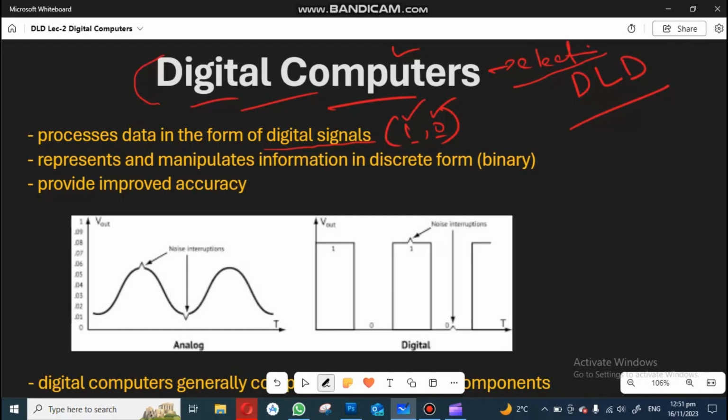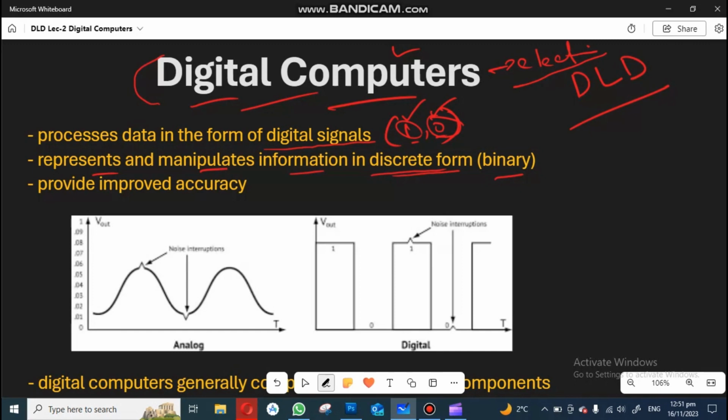So simply these data are also made up of these things, and the signals are also made up of these things. Another property of digital computers is that they represent and manipulate the information that we use in discrete form. Generally we call it binary form or machine language form. So simply the data dealt with by digital computers is in discrete form.